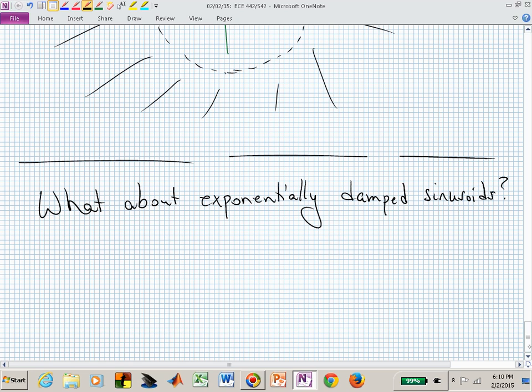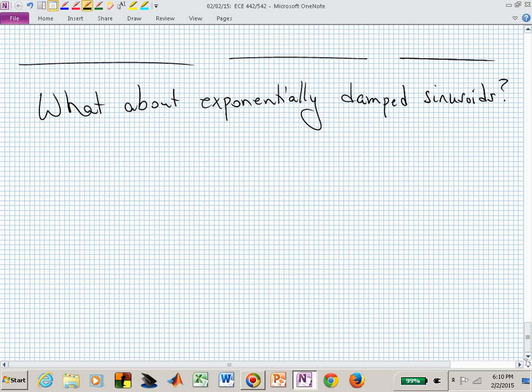What about exponentially damped sinusoids? Learning is usually enhanced if we can relate what we're trying to learn in the new setting with something that we hopefully already know.